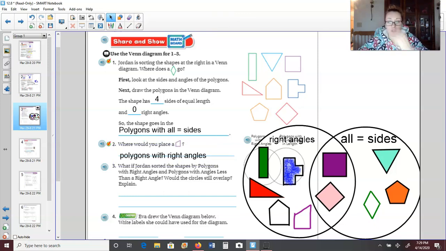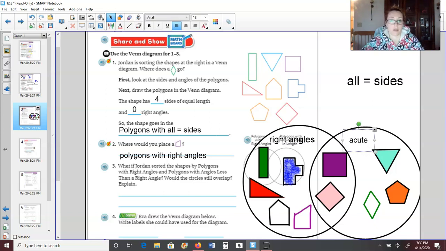What if Jordan sorted the shapes by polygons with right angles and polygons with angles less than a right angle? Would the circles still overlap? So if she got rid of all equal sides and instead she had polygons with right angles and then polygons with angles less than a right, which would be acute angles, would we still have the center?